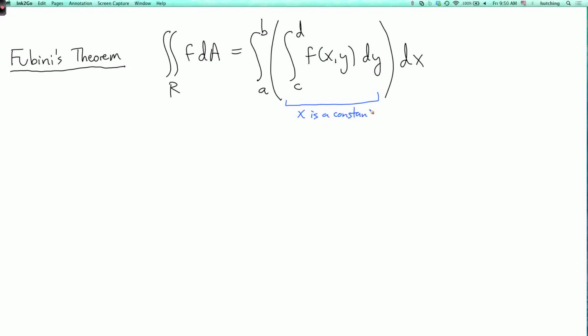So f of x comma y is really a function of only one variable, which is y. So you integrate this whole thing over y. And then this integral is a function of y. So, sorry, a function of x. So depending on what x is, you're going to get a different integral. The integral is a function of x.